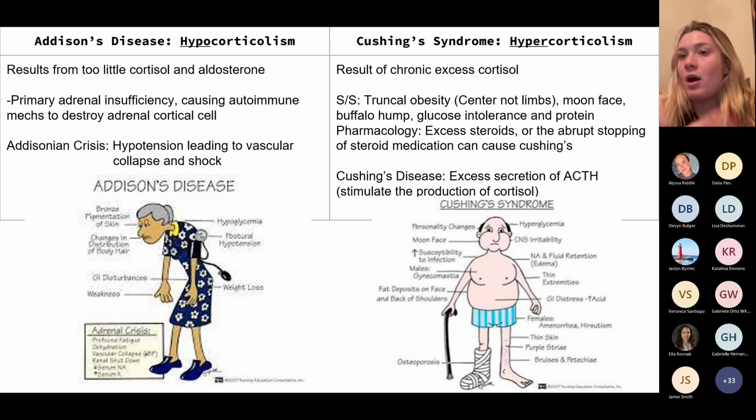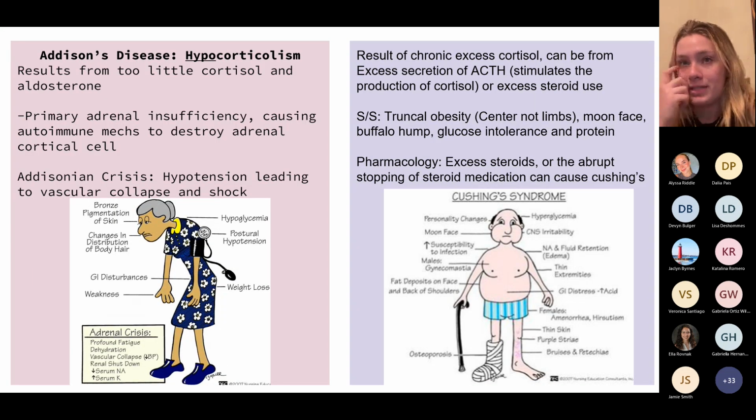It can be caused by a couple different issues. Essentially, if I have way too much cortisol, that can happen naturally in my body from other disease processes, if I have swelling in my brain, etc. Or if I'm taking a lot of drugs that have cortisol, corticosteroids, etc. So I would just kind of review that, what's common with our Cushing's, that truncal obesity, hyperglycemia, etc. So again, I kind of relayed out the two of them, but really what's going on with Addison's, this is autoimmune that's happening, destroying my cells.